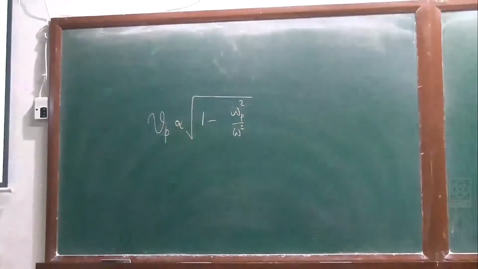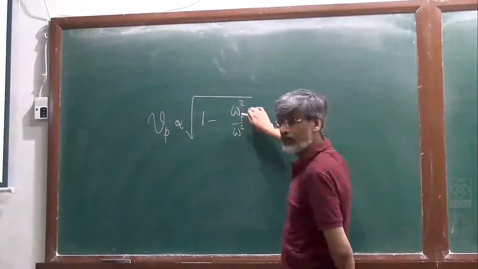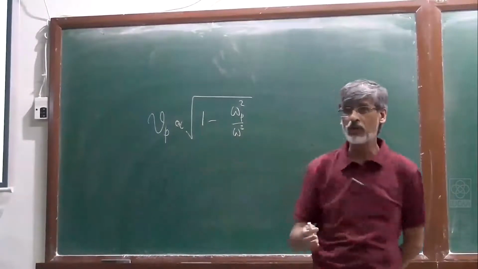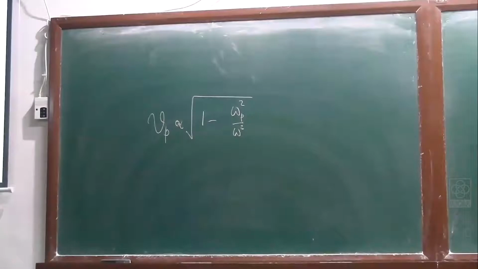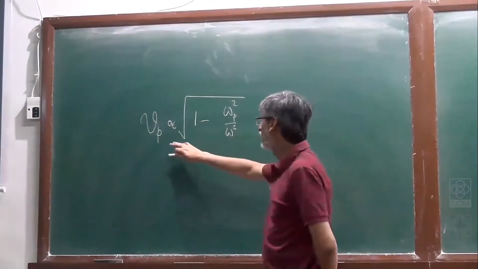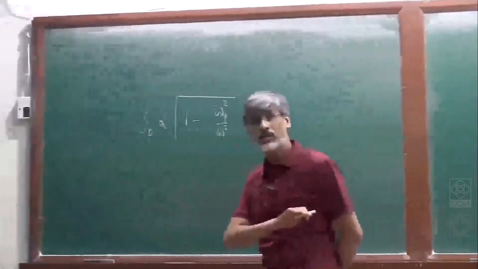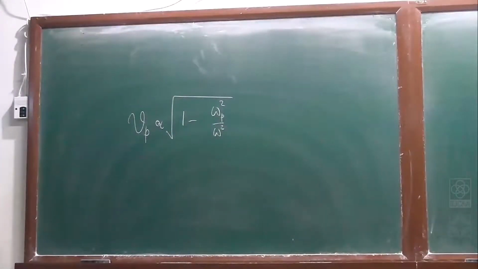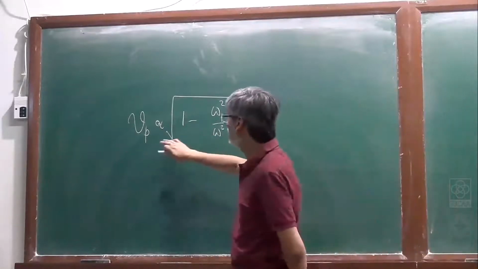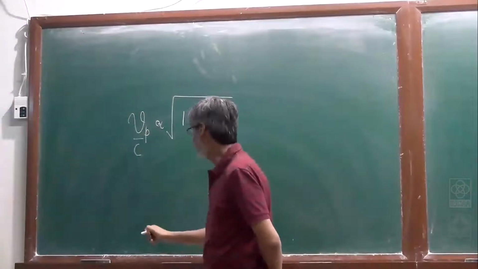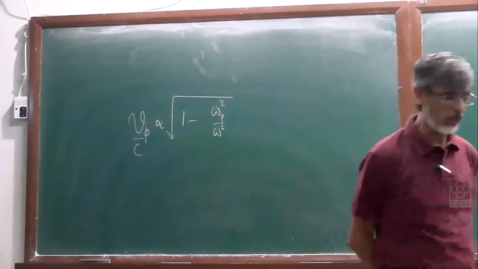As you can see, as omega approaches omega p, the phase velocity goes to 0. So propagation is not possible at the plasma frequency or at frequencies lower than it. But as you go to higher and higher frequencies, Vp will continue to rise, and at omega equal to infinity, Vp by c will become 1.